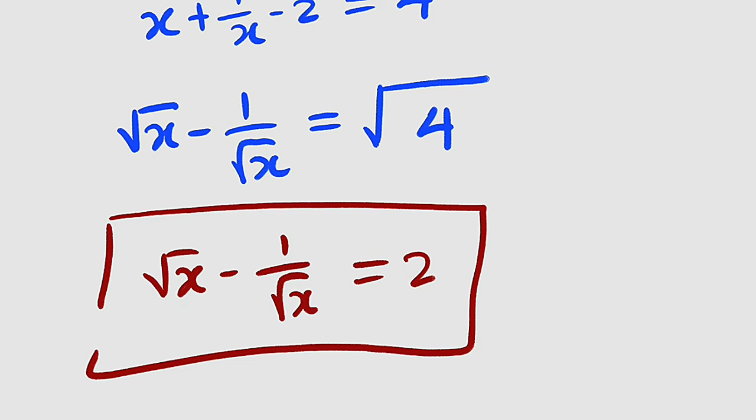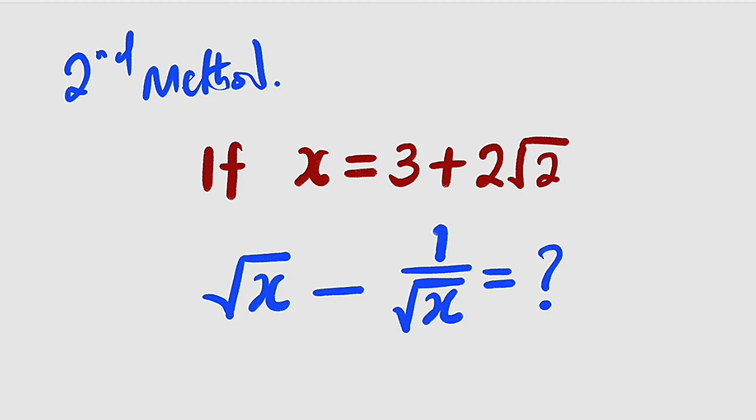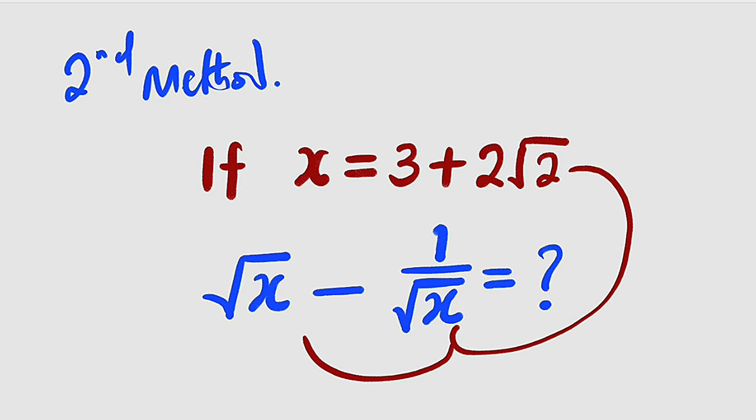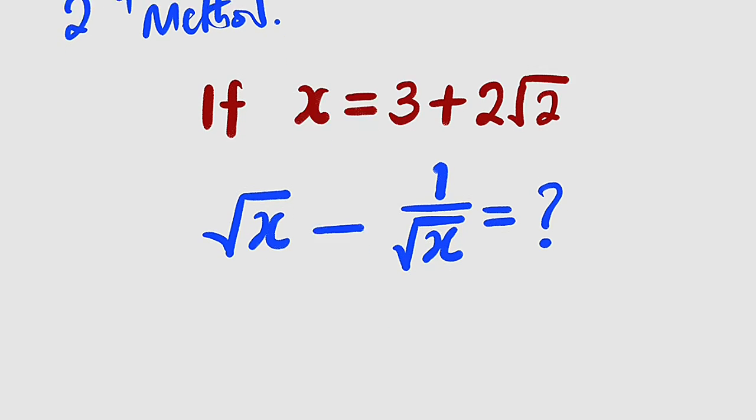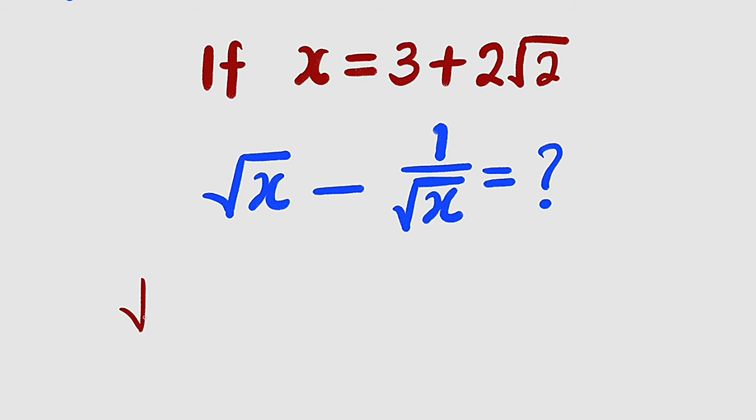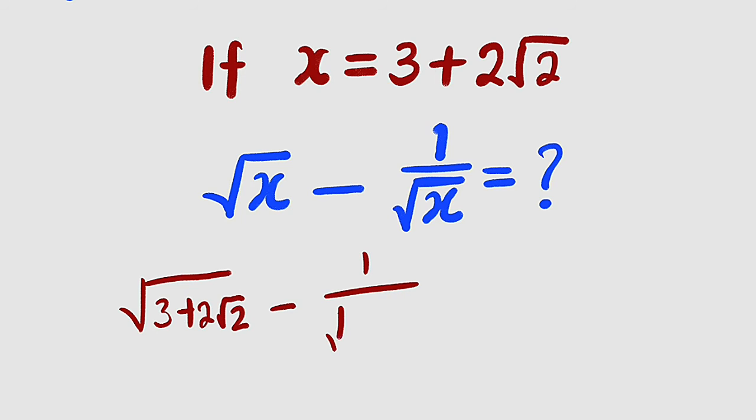Now let us take the second approach to see whether we're going to get the same result. In the second method, I want to do a direct substitution. Take this and plug it into this, because this is the value of x. So this is the square root of 3 plus 2 root 2 minus 1 divided by the square root of 3 plus 2 root 2.